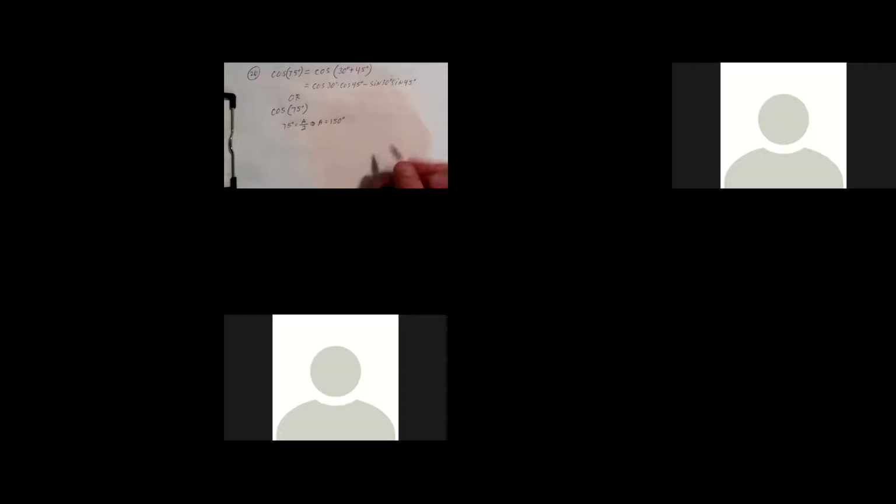So let's try to use our half angle identity formula for cosine. Cosine of A divided by 2 is equal to plus or minus the square root of, do we remember, 1 plus cosine of A divided by 2? Do you agree? Half angle identity for cosine. So the cosine of 75 degrees could be rewritten how?